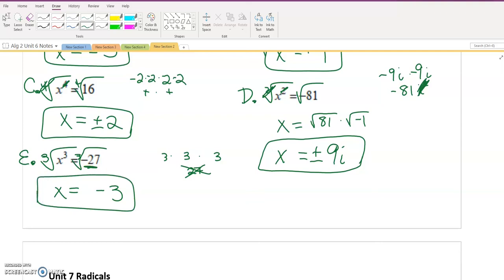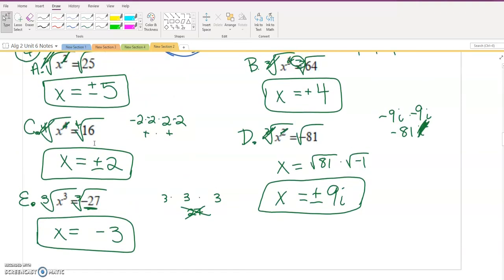Now, here's the rule of thumb that's really good to have. If you look across our examples, every time the index was even, so our index was 2, 4, 2, what do we get every single time that index was even?